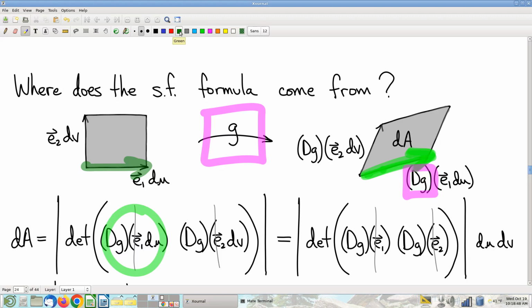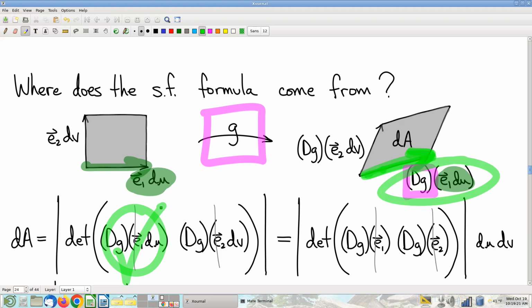It's got a width that's du, that's the width of this little rectangle here. And being as it's pointing in the U direction, the direction is the E1 vector. We know the direction, we know the magnitude, therefore we know the vector. Applying dG to it tells us that vector, and that is our first column.